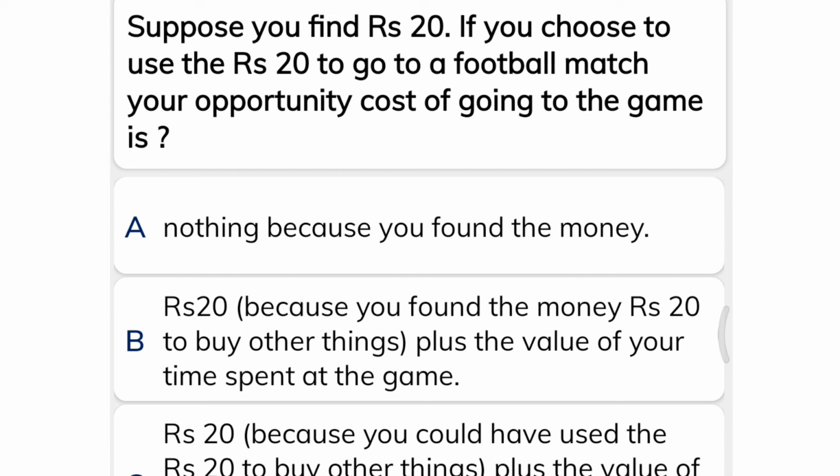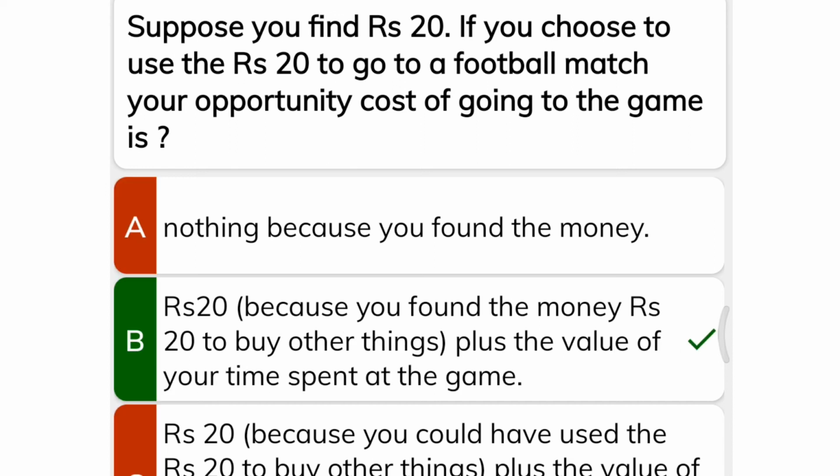Option C, ₹20 because you could have used the money to buy other things, plus the value of your time spent at the game, plus the cost of the dinner you purchased at the game. Option D, ₹20 because you could have used ₹20 to buy other things. And the correct answer is option B.